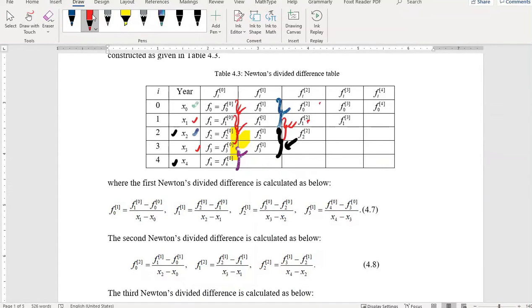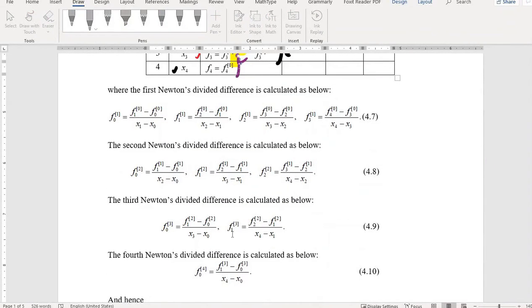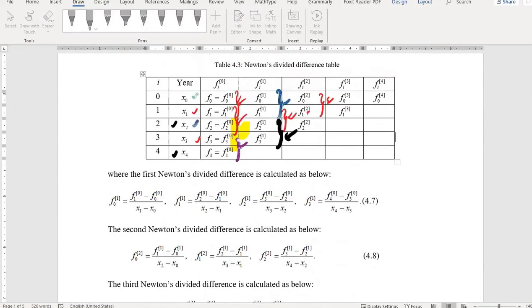The first value is here. F12 minus F02. So you add up, this will be x3 minus x0. So F13 will be F13.